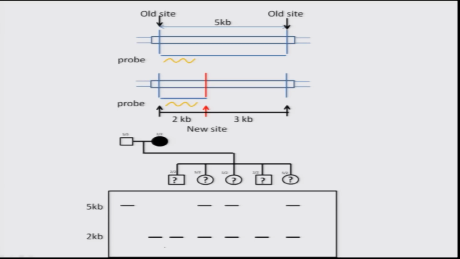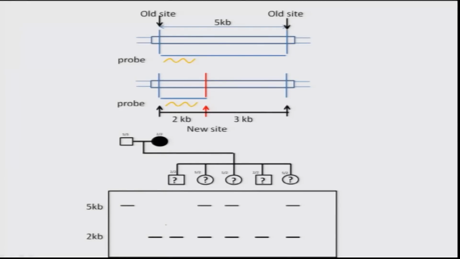So the first individual is a male, and it generates a single 2 kb band, which is similar to the diseased phenotype of the mother. So that hints that this might be a diseased individual. The other females in the family all have both a 2 kb and a 5 kb band, which means that one allele is generating a 2 kb band while the other allele is generating a 5 kb band, which means these are carriers for that particular polymorphism, and however they are not manifesting the disease.